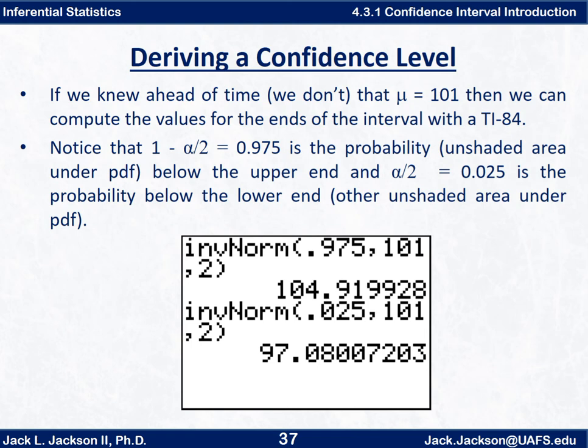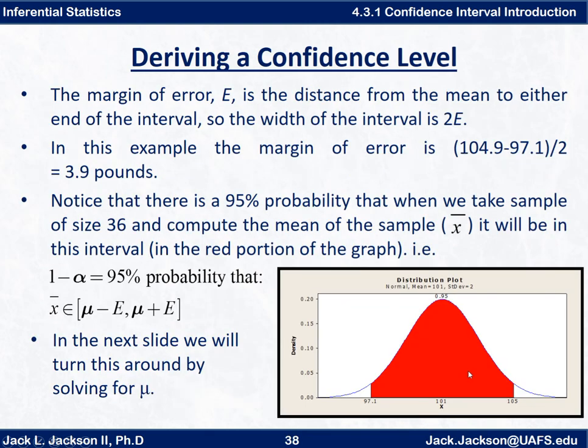So use 101 for mu, the mean, and 2 for standard deviation, and we get 104.919928. Similarly, we do the inverse norm of 0.025, mean of 101, and standard deviation 2 to get 97.08007203. So in other words, we can find those two values that round off to 97.1 and 105.